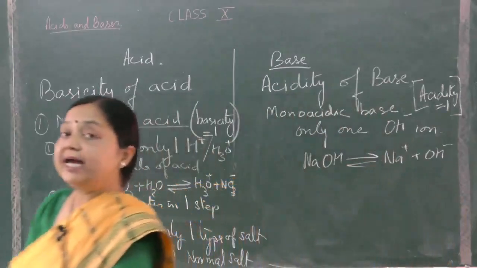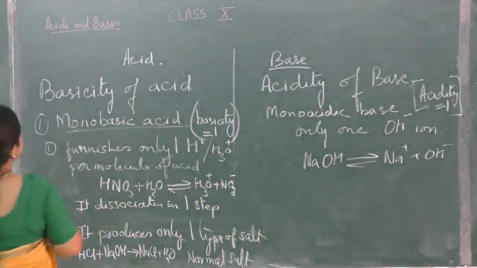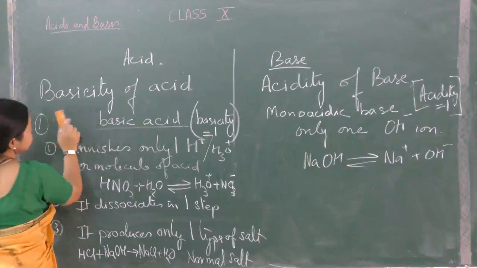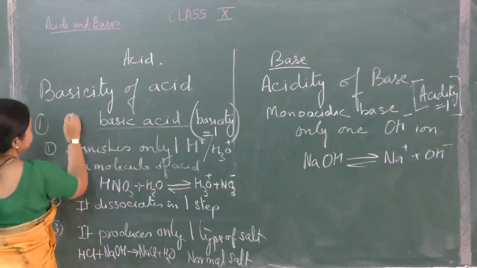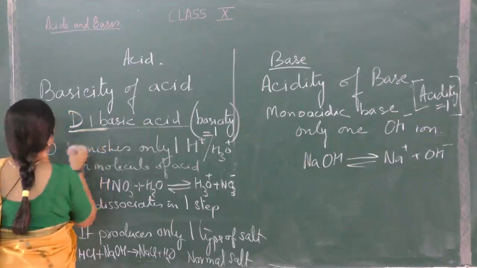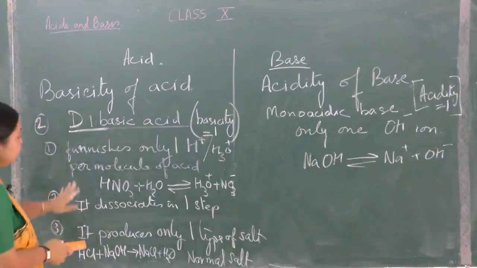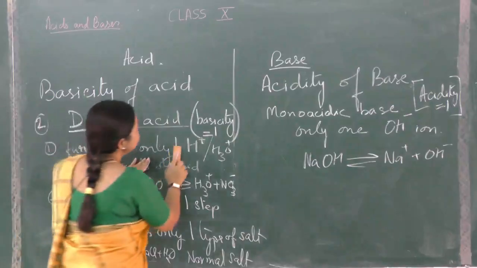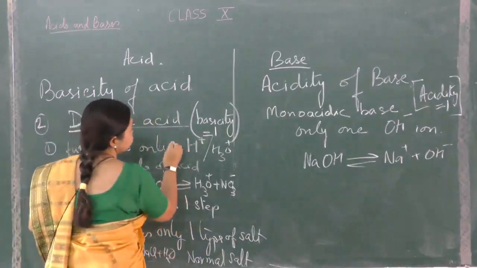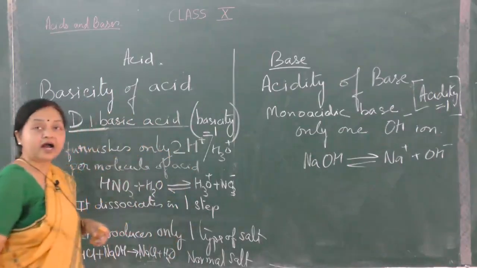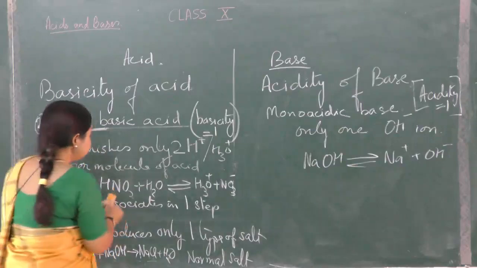Now we go to the dibasic acid. Dibasic acid, this is number 2, dibasic acid. Dibasic acid will furnish 2 hydrogen ions or hydronium ions. Let us take an example.